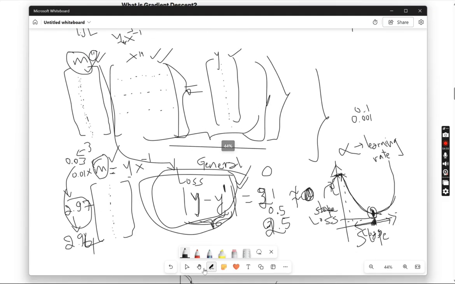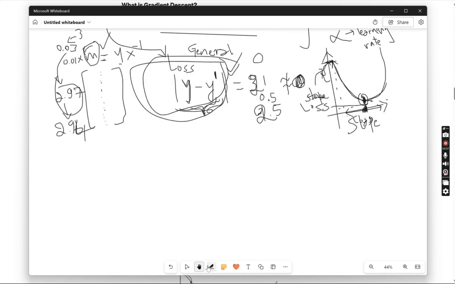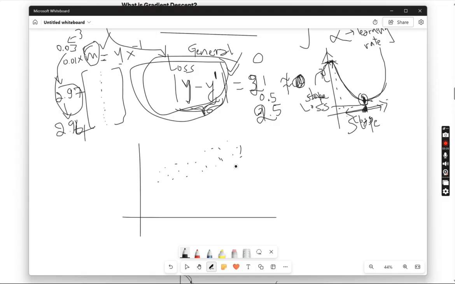And in the back end, what is happening, when you're doing all of these, if these are your points, each time you multiply alpha to that m, if this was your original line, after multiplying alpha, the line is changing by a little bit.